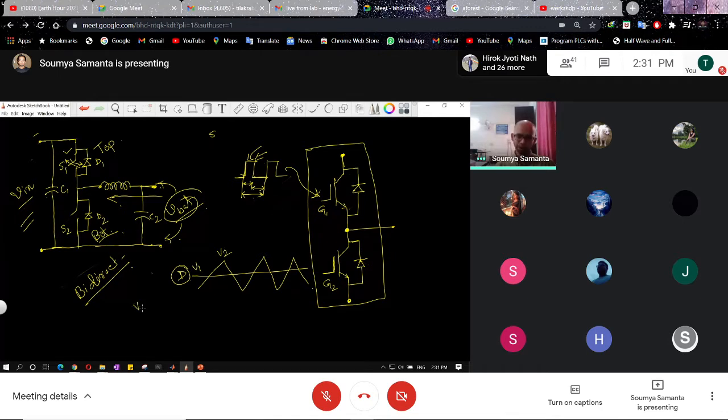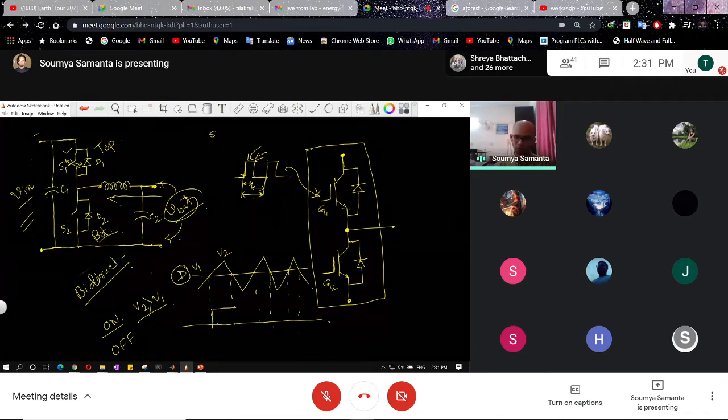Now, if the condition is that once V2 is greater than V1 we get on, otherwise it will be off. Now let's take this and generate the pulse. Whenever V2 is greater than V1, it is on.